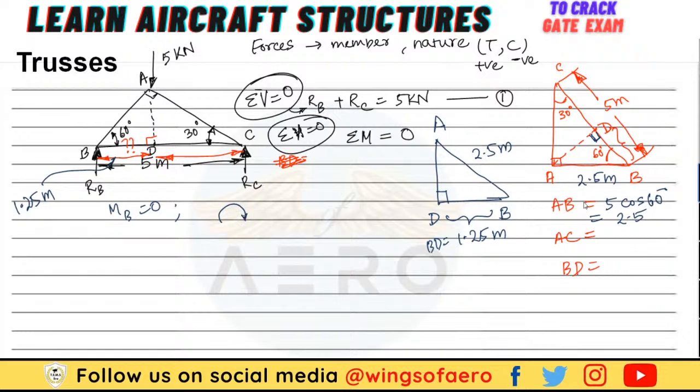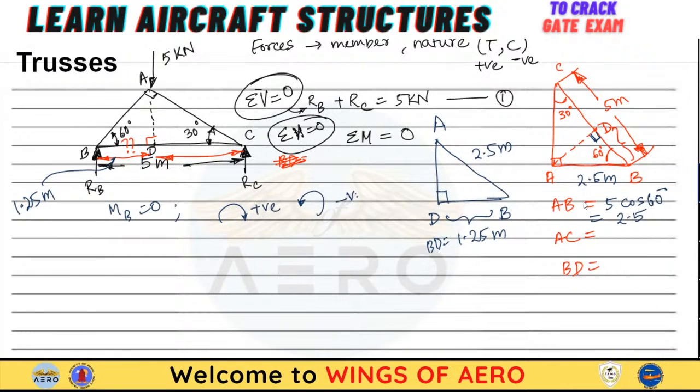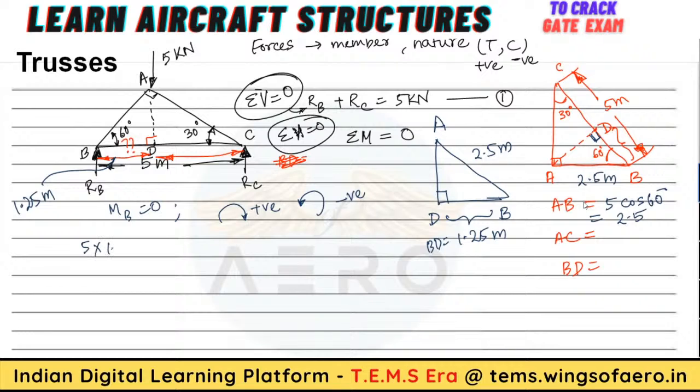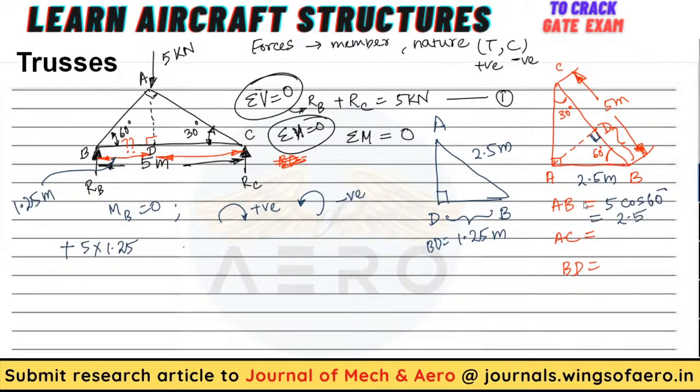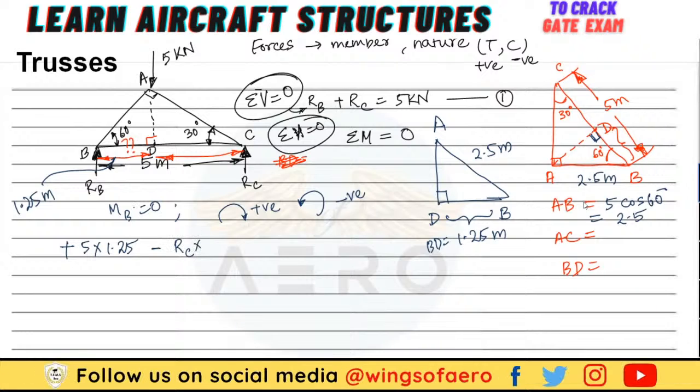I will take clockwise as positive. Anti-clockwise direction I will take as negative. So clockwise direction, that is 5 kilonewton into 1.25, positive. Then next we have C point, that is a reaction. It is going in an anti-clockwise direction, that is RC into, what is the perpendicular distance?